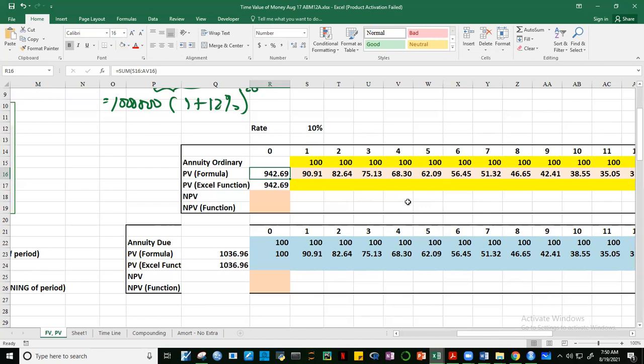But just those two, with nothing else included as a factor, pareho lang si 942.69 ngayon at saka 100 in the next 30 years, assuming that the interest rate is 10%.